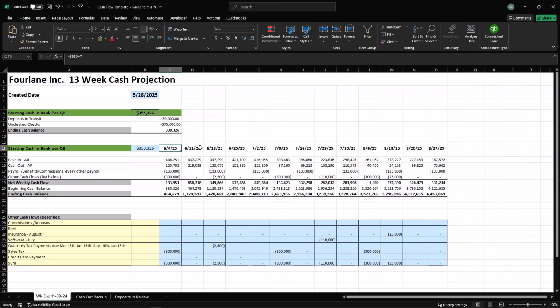And then we can look week over week, and we can determine what we would expect our cash in, our cash out, payroll, and other inflows or outflows to be, okay? Now, cash in, accounts receivable, right? Generally, we pull these numbers from historical information, right?